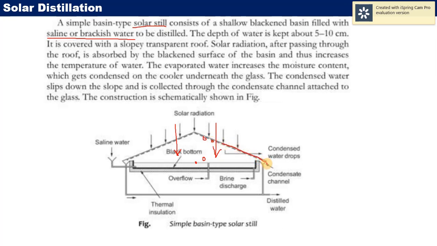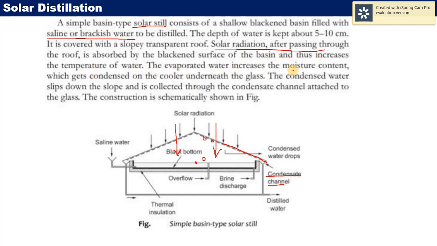This condensed water is collected in the condensate channel, and this is used as pure water for drinking. Here, the solar radiation after passing through the roof is absorbed by the blackened surface of the basin, and increases the temperature of the water.